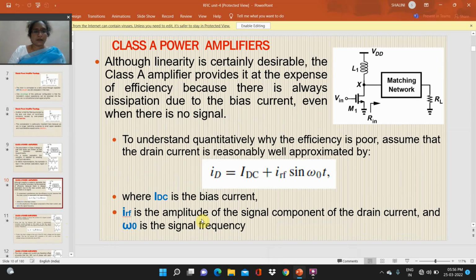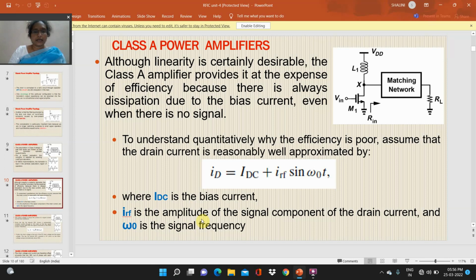Although linearity is certainly desirable, the Class A amplifier provides it at the expense of efficiency because there is always dissipation due to the bias current even when there is no signal.